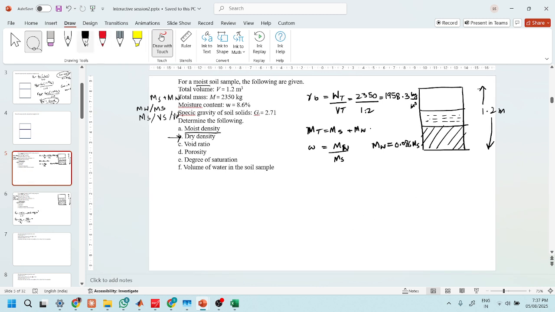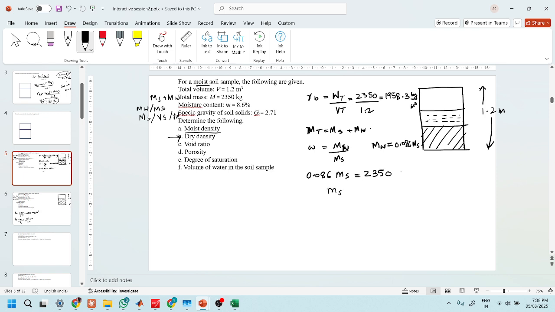Put water. 0.086 mass of solid plus mass of solid equals 2350.